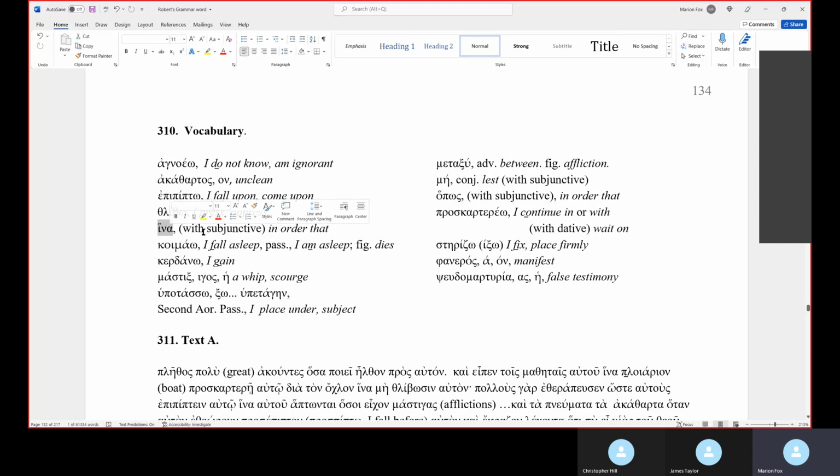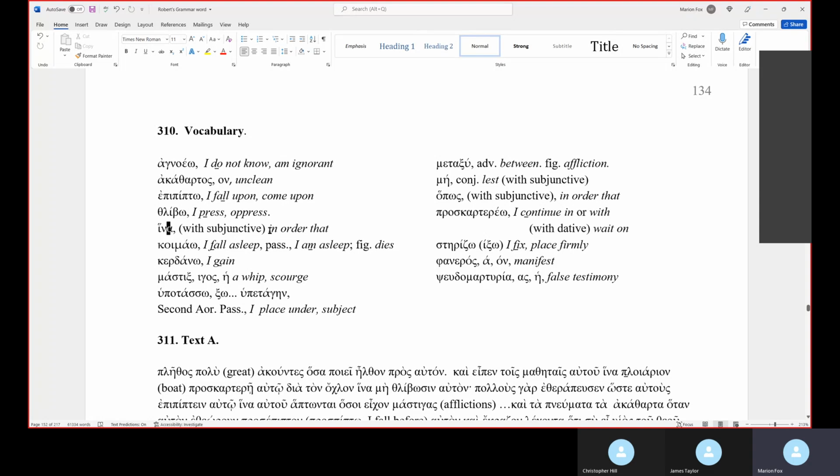Hina, and of course it goes with the subjunctive, but you might note here and put it in your notes that it could be with the optative in a few cases. Most of the time it's subjunctive mood. The optative is rare; it's only found a few times in the New Testament. I think hina is found with it once or twice in the optative.